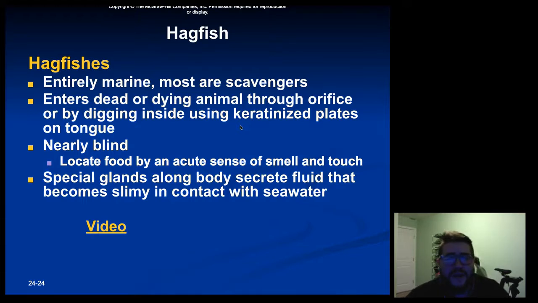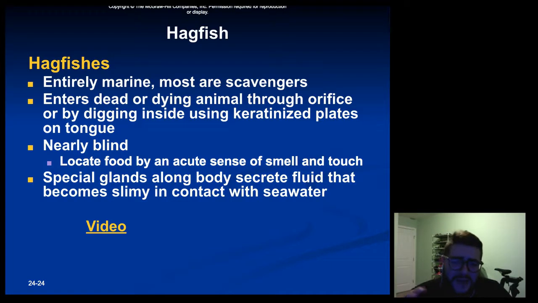Hagfish are the other main animal we're going to talk about in this category. Hagfish are almost entirely marine, so they live in saltwater, and most are scavengers. What they do is they enter the body of dead or dying animals through some kind of orifice, whether it's the mouth and anus or any kind of hole in the animal.